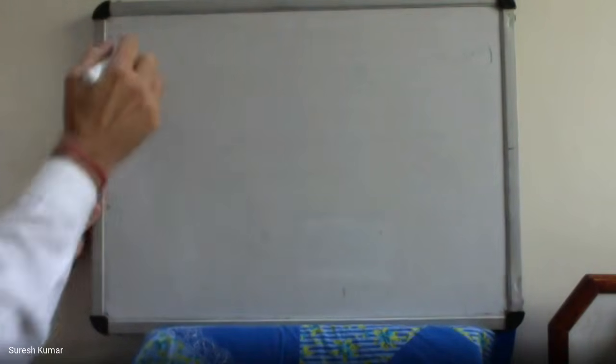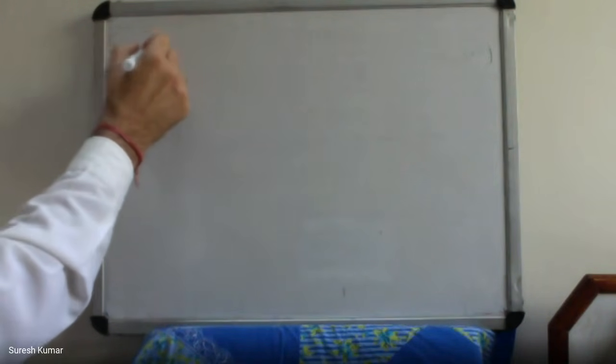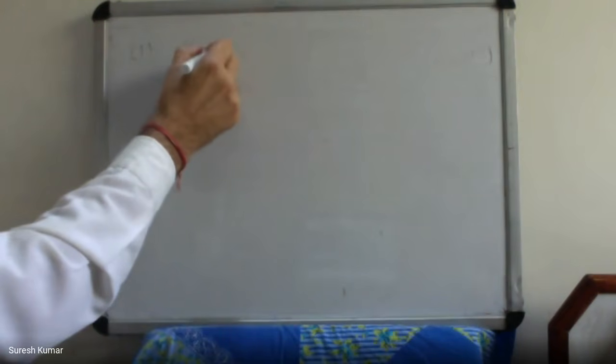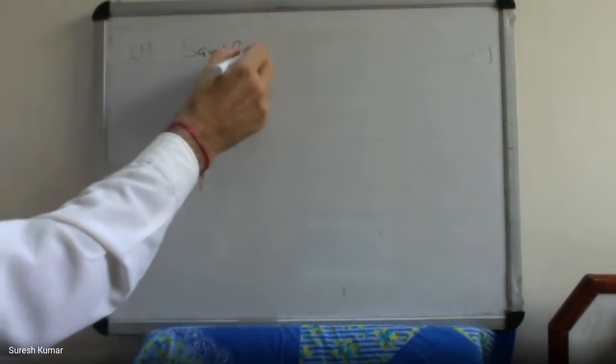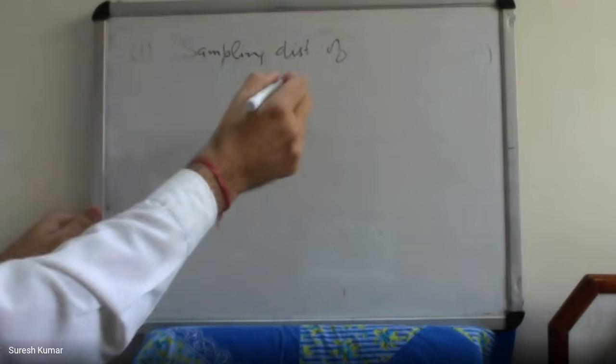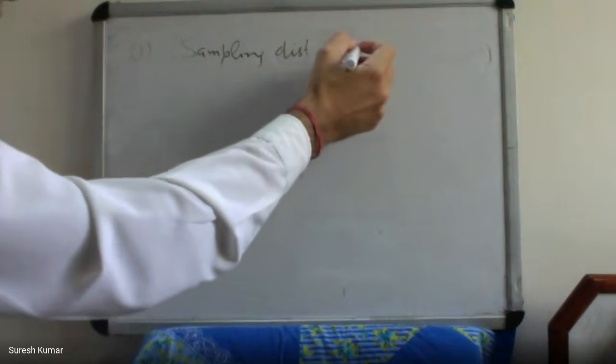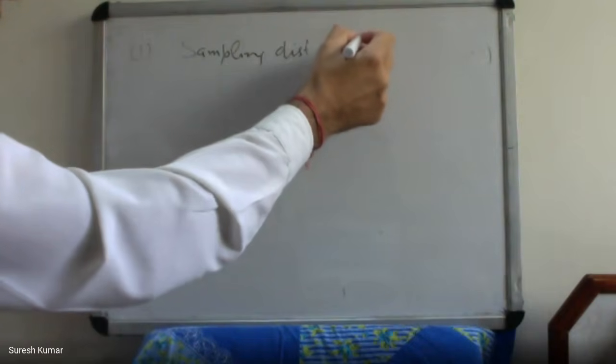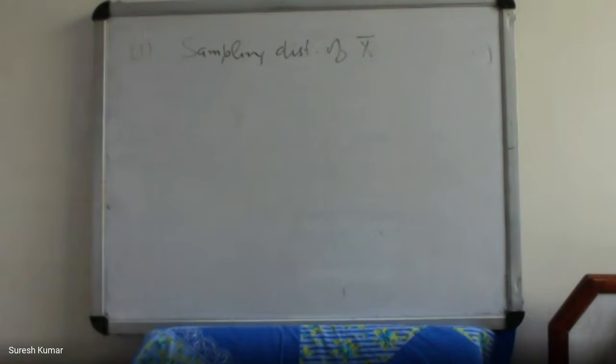Let's see how to use this result in the sampling distributions of different statistics. First, we will do the sampling distribution of X bar. Here there are two possibilities.